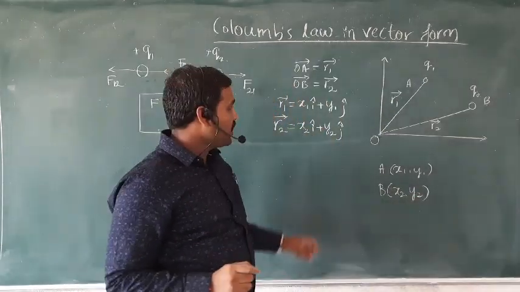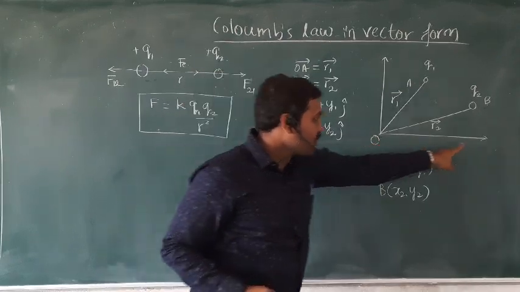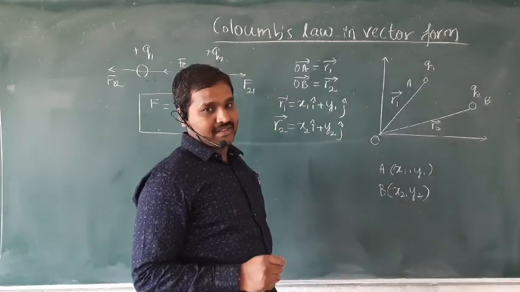And as we know, i represents a unit vector along the x axis, and j represents a unit vector along the y axis.